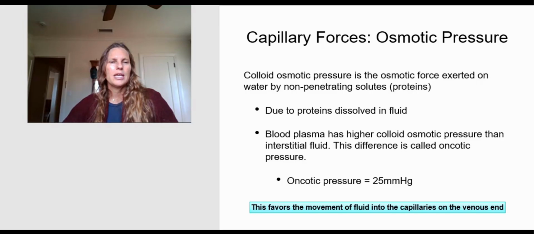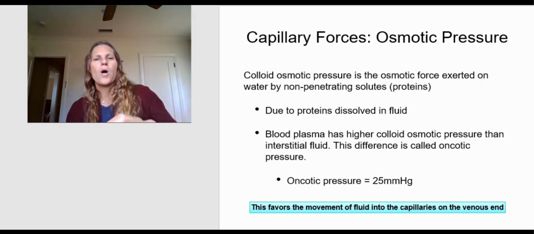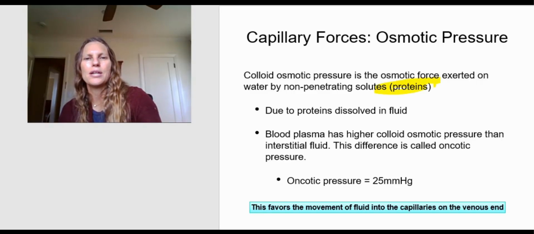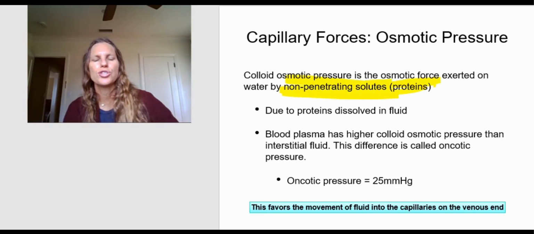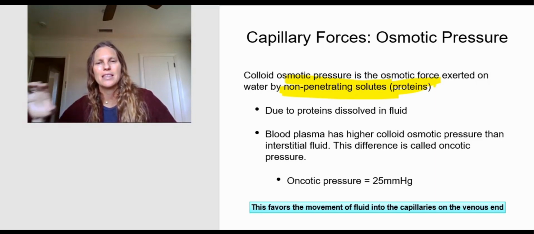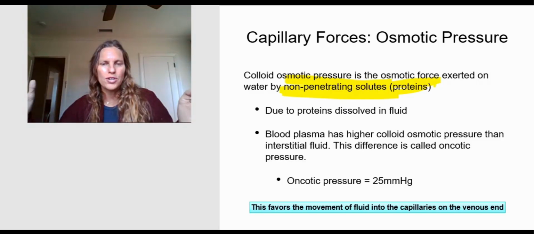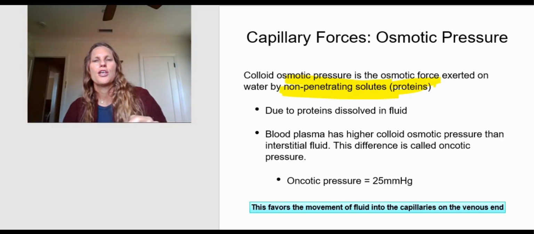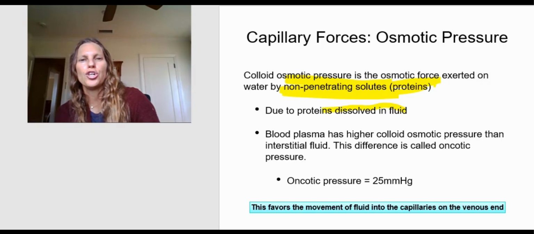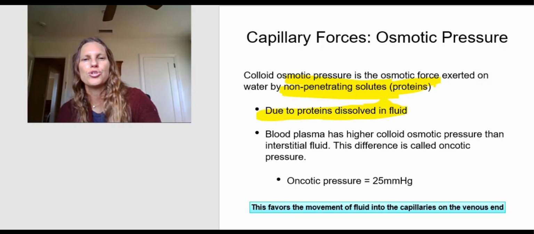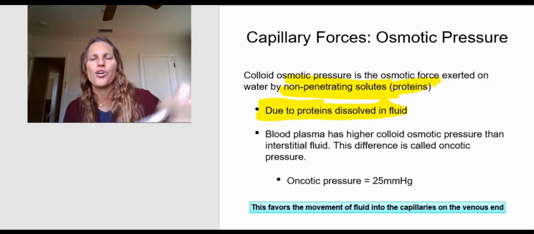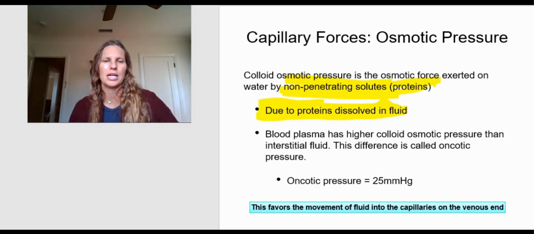Osmotic pressure is oftentimes referred to as colloid osmotic pressure. That is the osmotic force that's exerted on the water by the non-penetrating solutes, those solutes that are trapped in the vessel. Now, in this conversation about capillaries, the colloid osmotic pressure is due to the presence of proteins dissolved in the blood in the capillary.